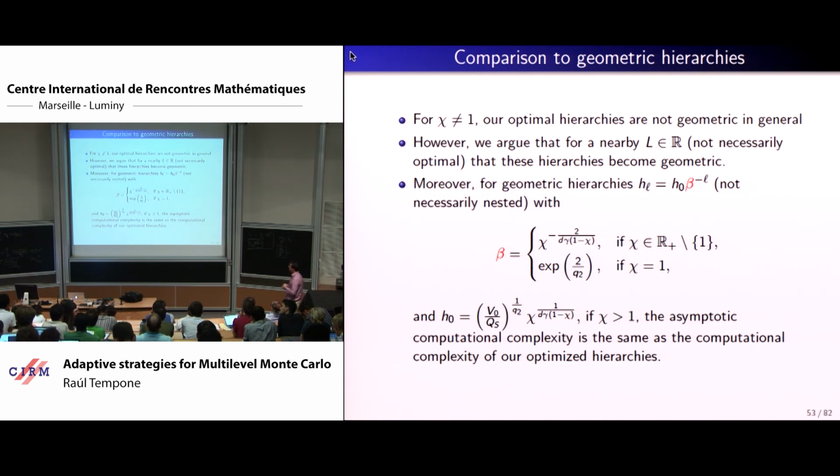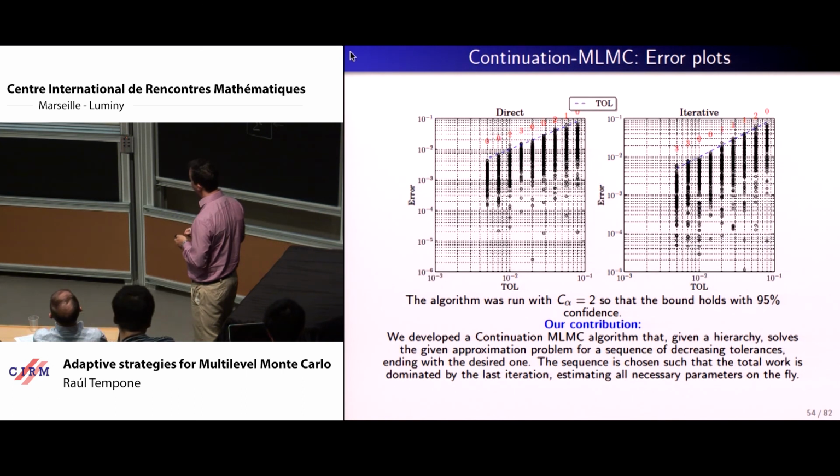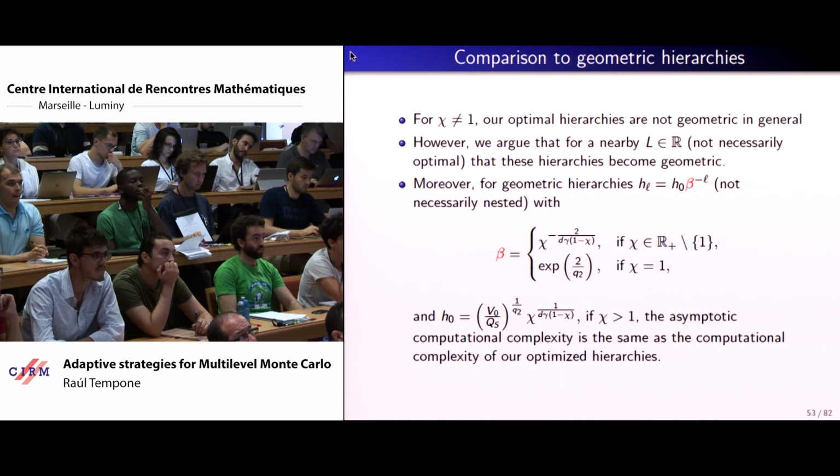And that is more or less the discussion that I have here. These are not going to be necessarily nested because you have this beta that behaves in a strange way, and H0, the first mesh, also behaves in an interesting fashion too.